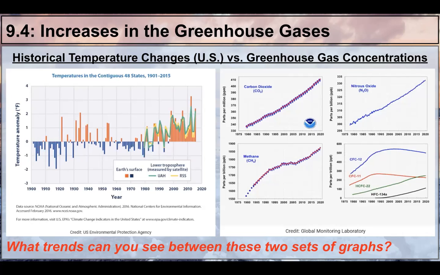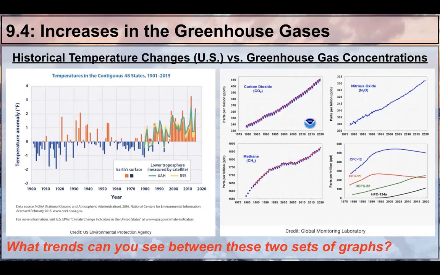And the blue bars represent when the temperature was lower than the average temperature over this span of years, and then the red bars are when the temperature was greater than the average over this span of years. Okay, so we can see a general trend of increasing temperature, especially since the 1980s.